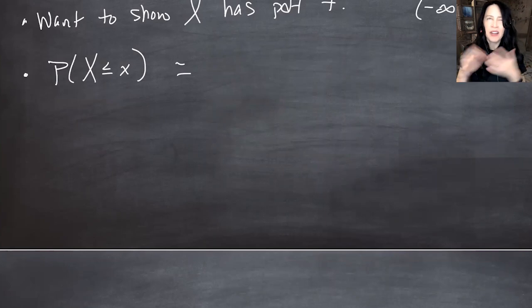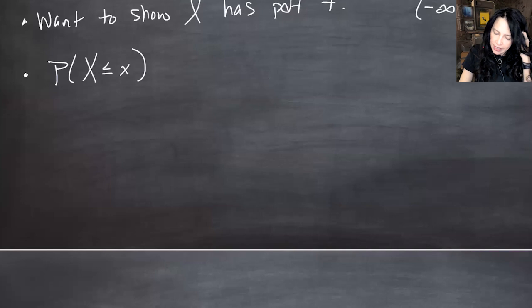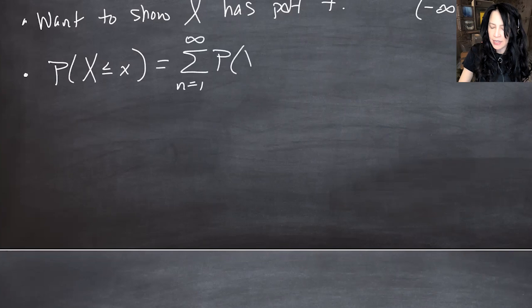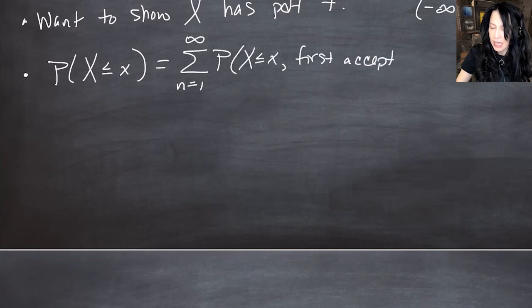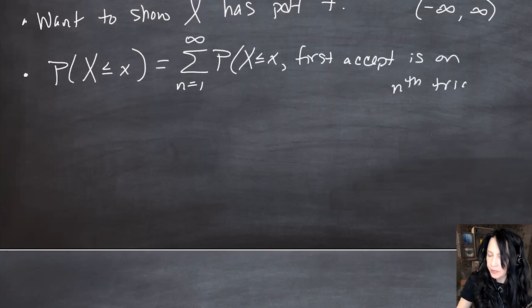I kind of want to condition on when the first acceptance is, because you have to go through potentially several trials. But rather than conditioning, I am going to just put that in and marginalize out over it. So I'm going to write this as the sum as n goes from 1 to infinity of the probability that X is less than or equal to x, and the first acceptance is on the nth trial.